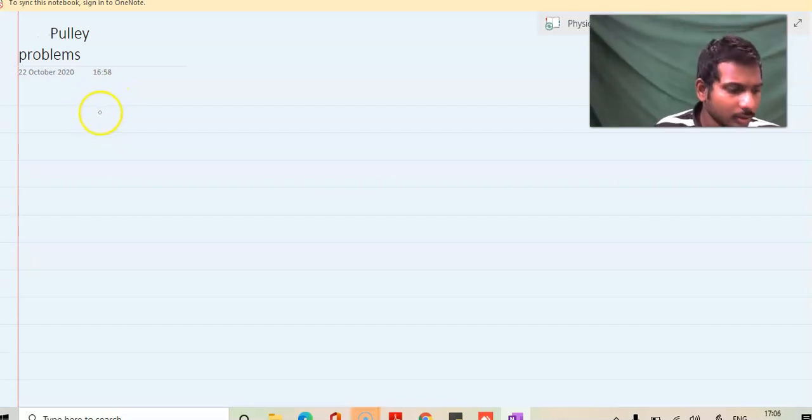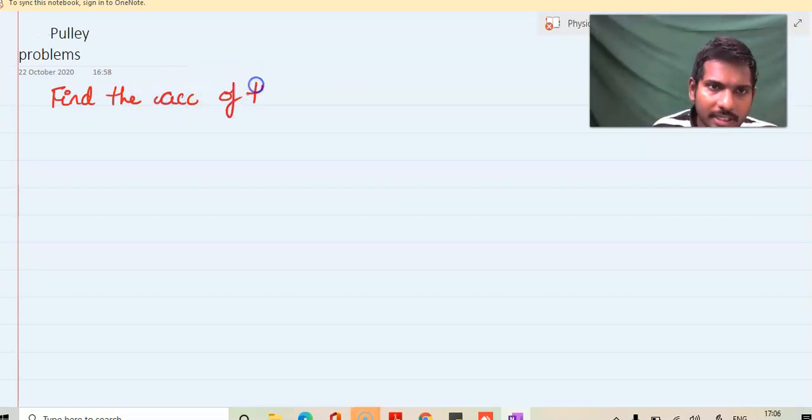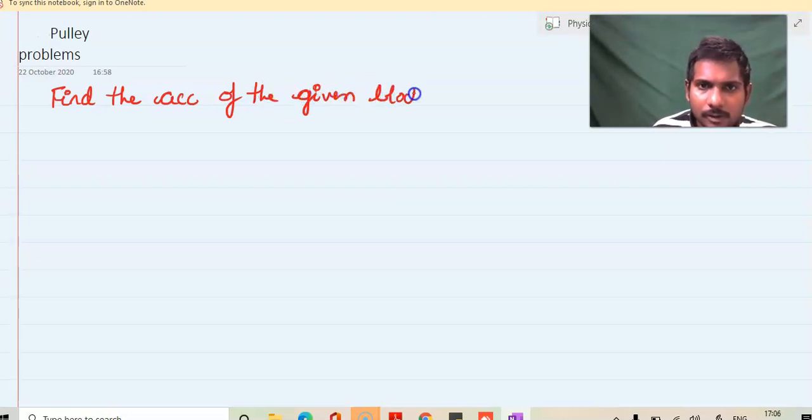Now let us solve the questions that I give. Find the accelerations of the given blocks and the tension in the string.